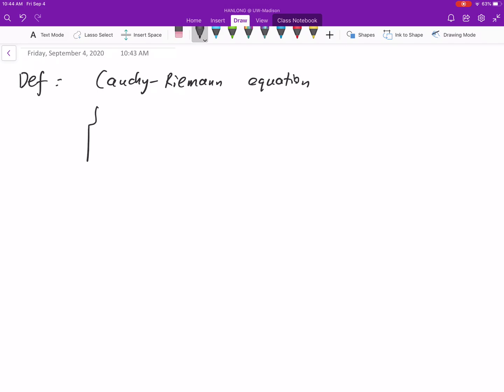Suppose your complex function f(x, y) can be written down as u plus iv. Then the equation yields u_x equals v_y, u_y equals negative v_x.